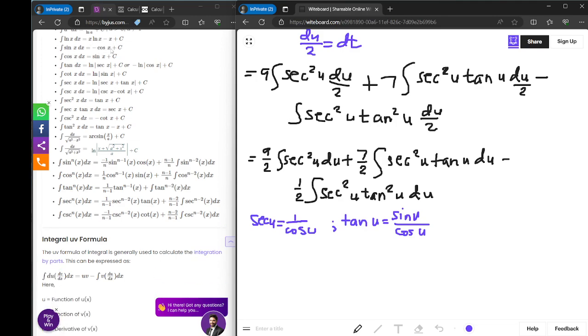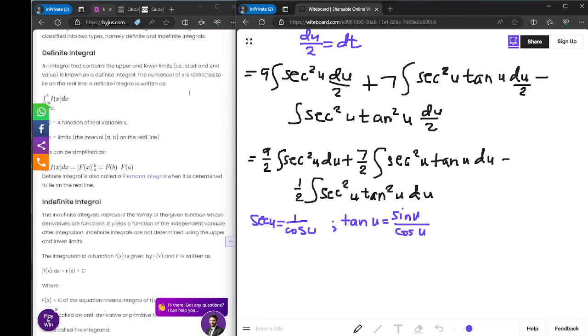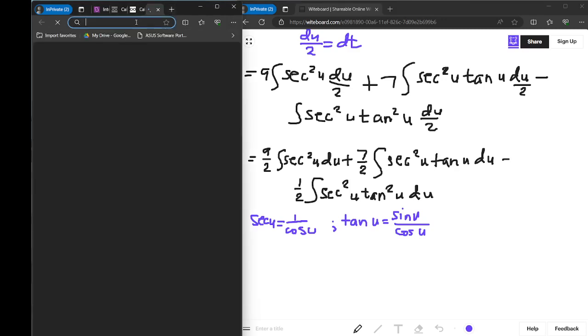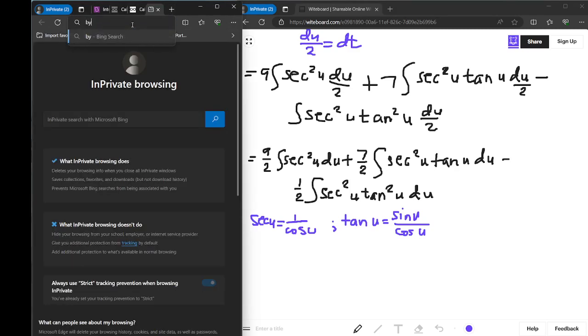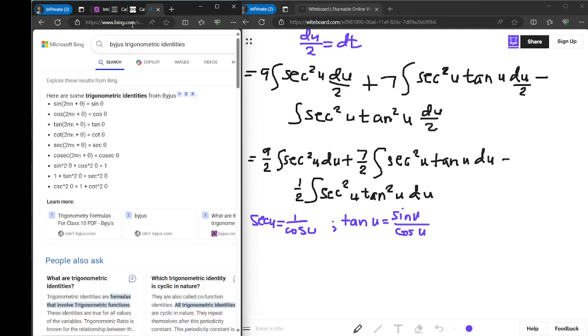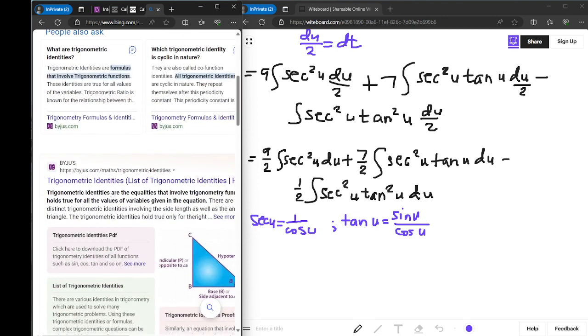So let's check the formulas for trigonometric identities. Let's search this. Trigonometric identities.